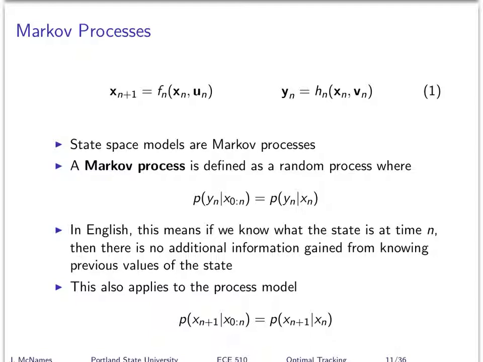What that means is all the information in this entire trajectory of states, all that entire history is represented in what the state is right now. And that the measurements that you take right now only depend on what the state of the system is right now. It's the Markov assumption, and it's key to everything that we do.